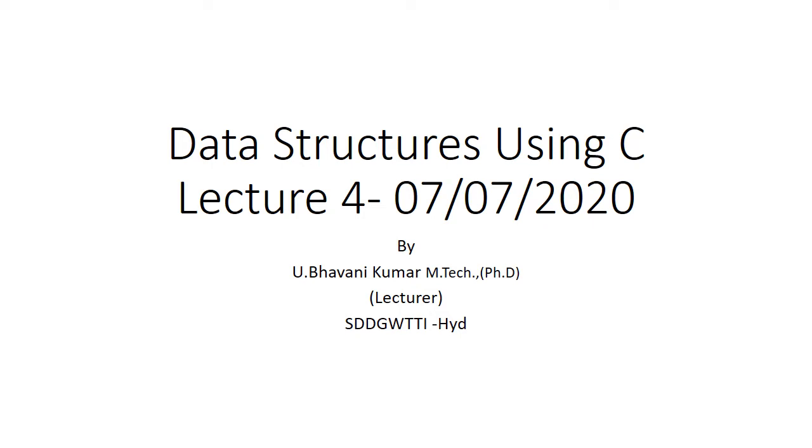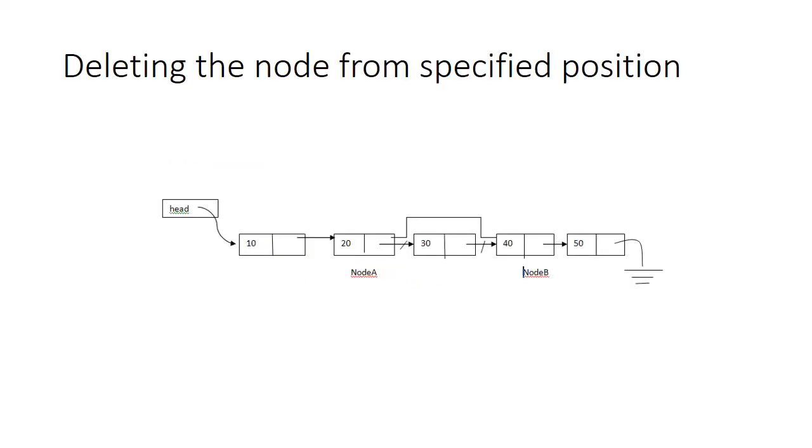I will continue the same topic in this session also. We discussed deleting the node at the end in the previous session. Today, in this session, we will discuss how to delete a node of a single linked list from any specified position.